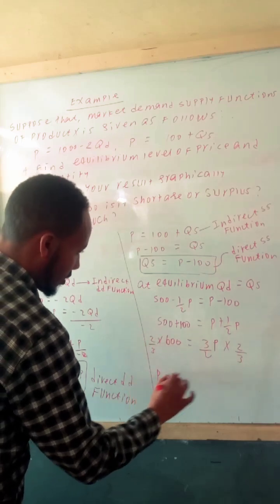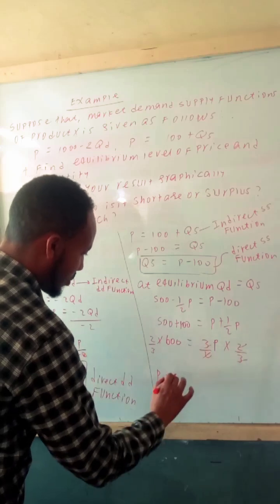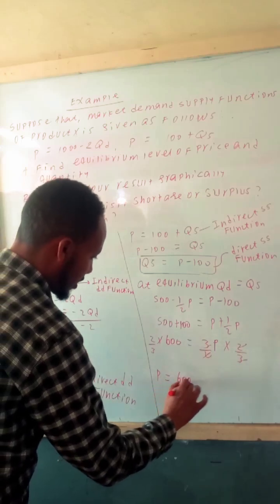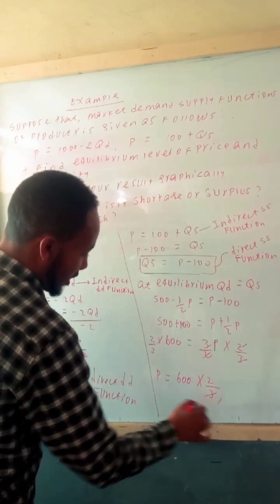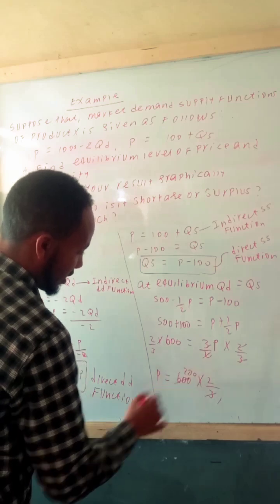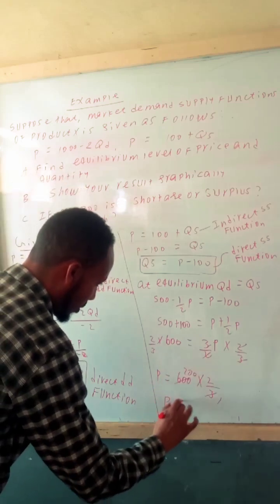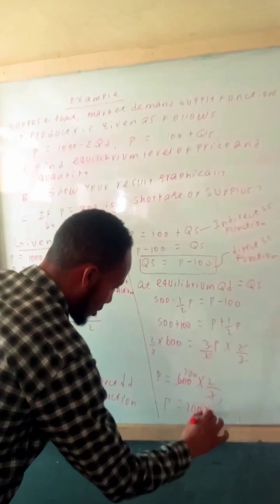Therefore, P is equal to 600 times 2/3. Dividing by 3 gives 200. Therefore, the equilibrium level of price is equal to 200 times 2, which is 400.